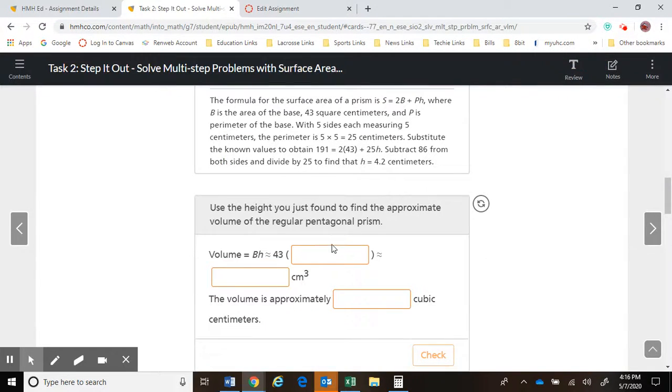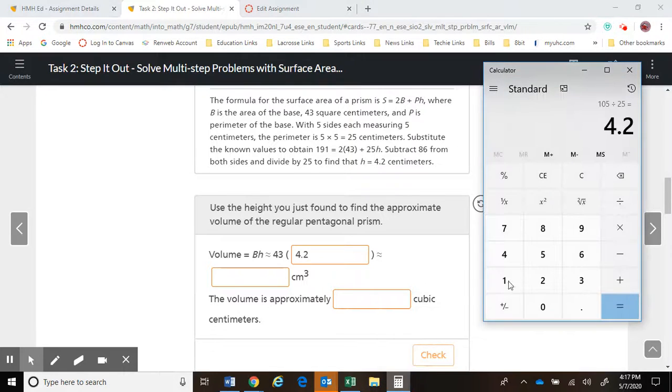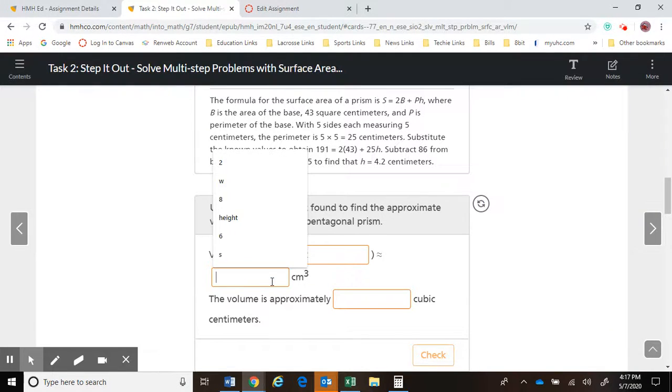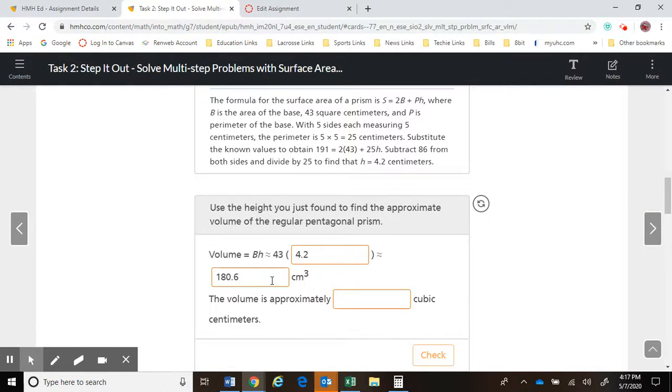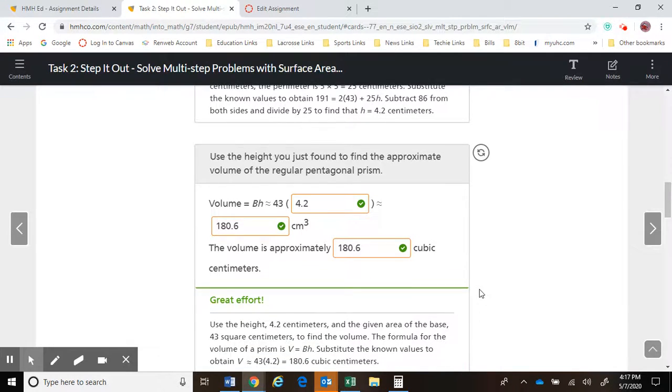Of course, my height was about 4.2. So we're simply going to multiply these two together. So 4.2 times 43, and I get 180.6. So the volume is approximately 180.6 cubic centimeters. Now we're done.